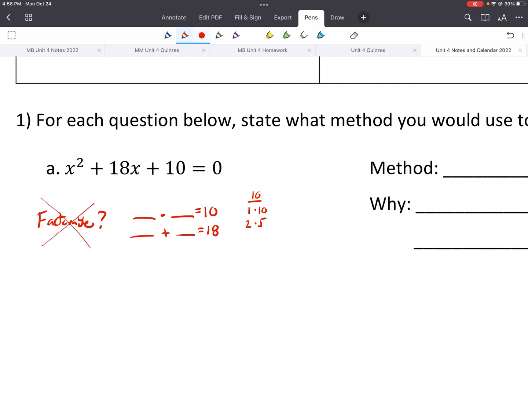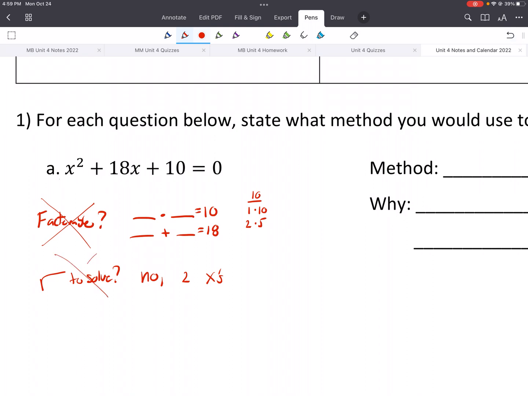Next we'd look and see, can we use square roots to solve? Here we would say no, because there are two terms with x's. Here's one, and here's another term with x's. So we can't use square roots to solve.